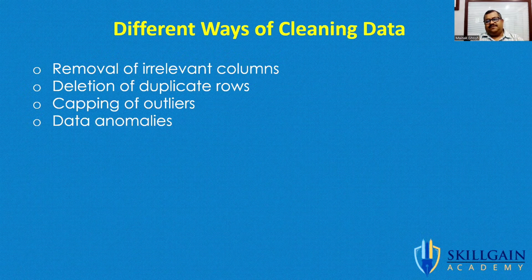Next is data anomalies. Data anomalies means, suppose there are characters instead of numerical entries, there is some question mark, hash mark, star mark like that. So it does not have any implication, does not have any value. It is valueless. Sometimes what happens in the same column, suppose we are recording the gender of the individual. Some are written as female, some as F, male, some as M. But basically, male and M and female and F are the same entries.